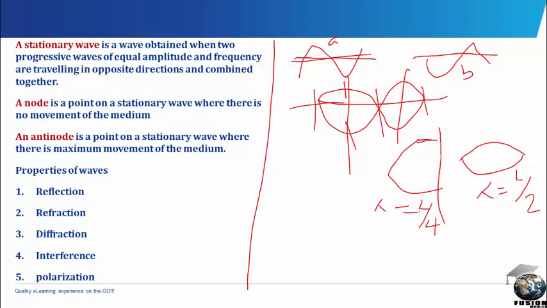Then we talk about polarization. Note, polarization is an exclusive property of transverse wave. It's only transverse waves that can be polarized. Longitudinal waves cannot be polarized.